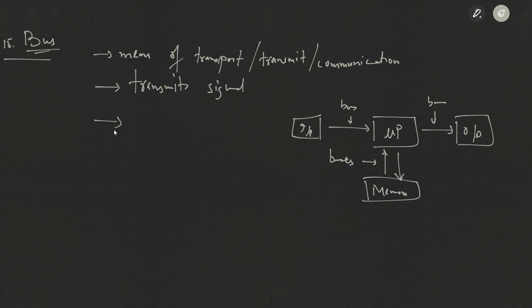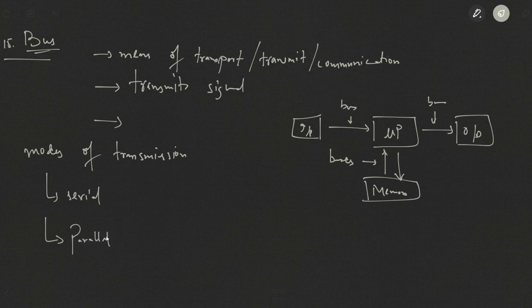devices. Now there will be modes of transmission associated with this. One will be serial mode of transmission, another one will be parallel mode of transmission. In serial mode of transmission, one by one transmission of bits takes place. So one bit at a time transmits. While in case of a parallel mode of transmission, all bits are forwarded at the same time.